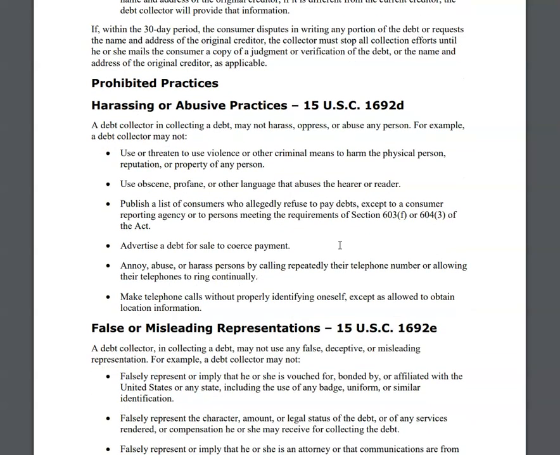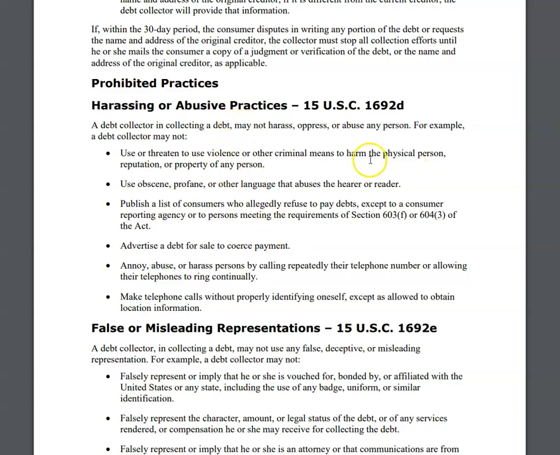Prohibited practice: harassing or abusive practice, 15 USC 1692d. A debt collector in collecting a debt may not harass, oppress, or abuse any person. For example, a debt collector may not use or threaten to use violence or other criminal means to harm the physical person, reputation, or property of any person.